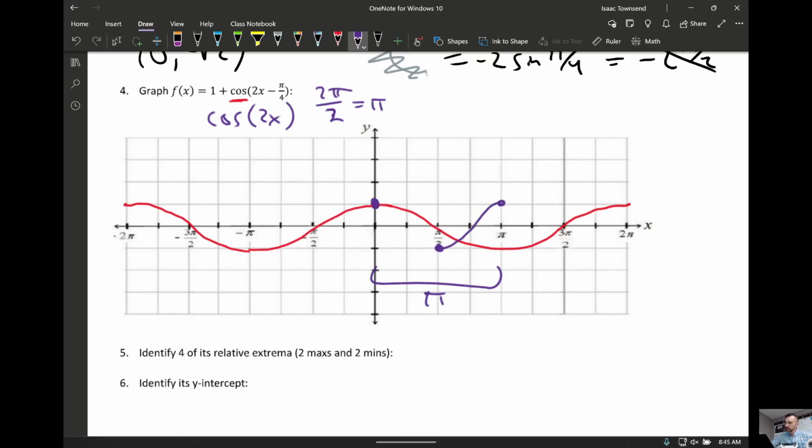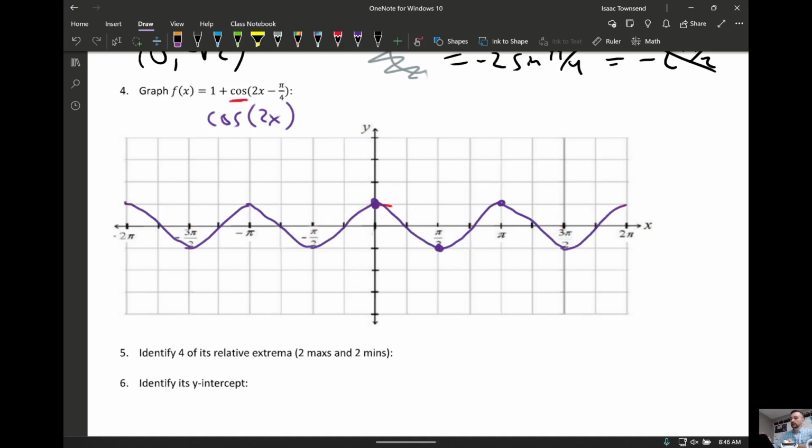And it should go through 0 in between each of those. And if you're careful with one cycle, then you can repeat it until your graph is full. And that's what cosine of 2x would look like in purple. Changing the b value is going to change the frequency, change the period.